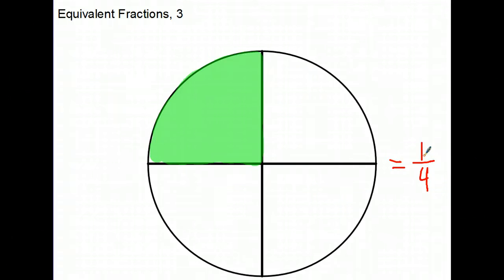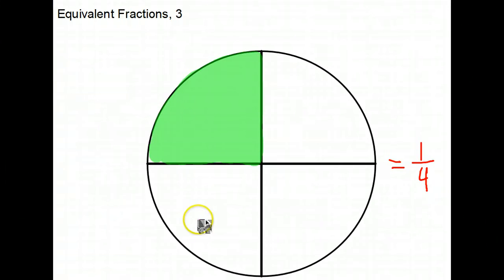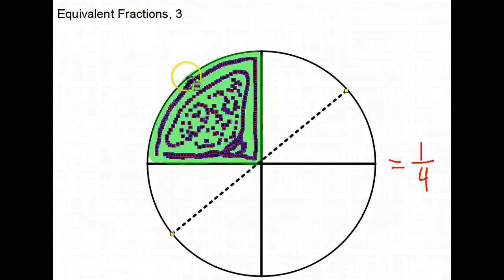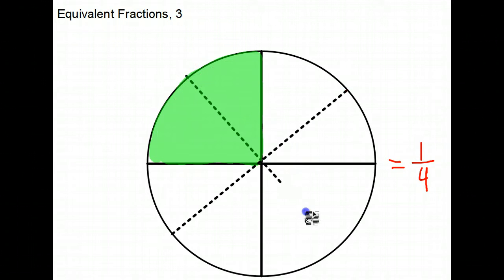And again, I can cut through this pie a couple more times to change not the value of the fraction, but to make an equivalent fraction. So if I cut this way, and then I cut this way again. There.